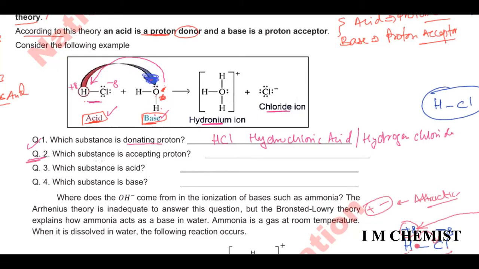Similarly, question number 2: which substance is accepting a proton? The H2O, the water molecule. Which substance is acid? HCl, because it is donating a proton. Which substance is base? H2O. So I think we are all done with this example.